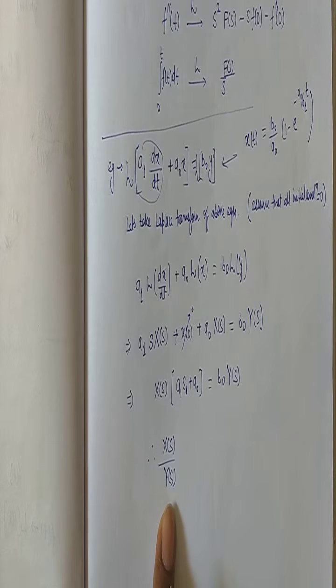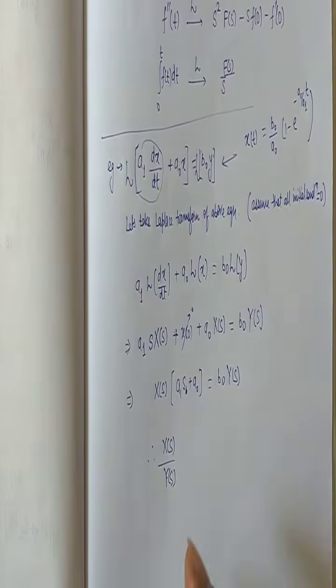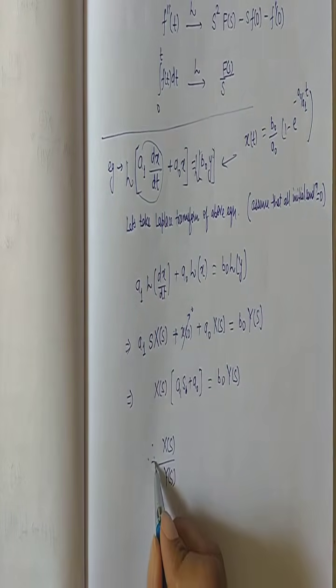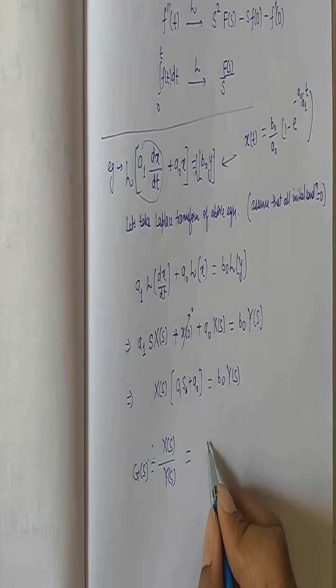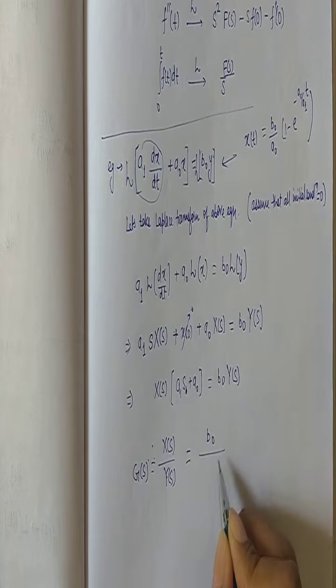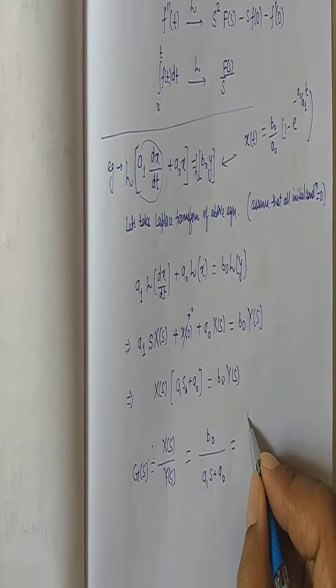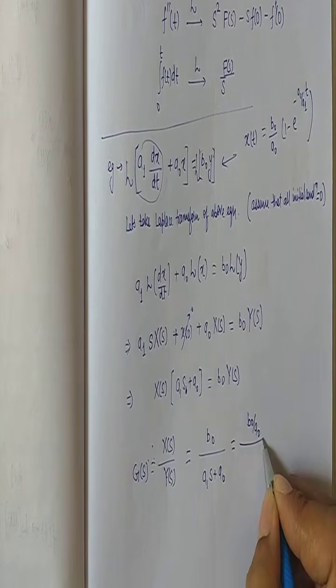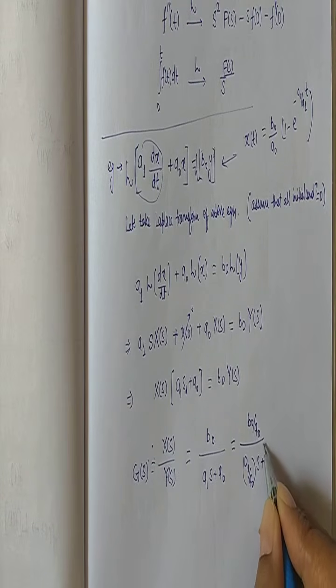So Y is my input and X I am going to seek, how the system is behaving. So this is nothing but my transfer function. So X(s) by Y(s) I am getting b0 by (a1 s plus a0). What we do, we divide it by b0 by a0. I get (a1 by a0) times s plus 1.